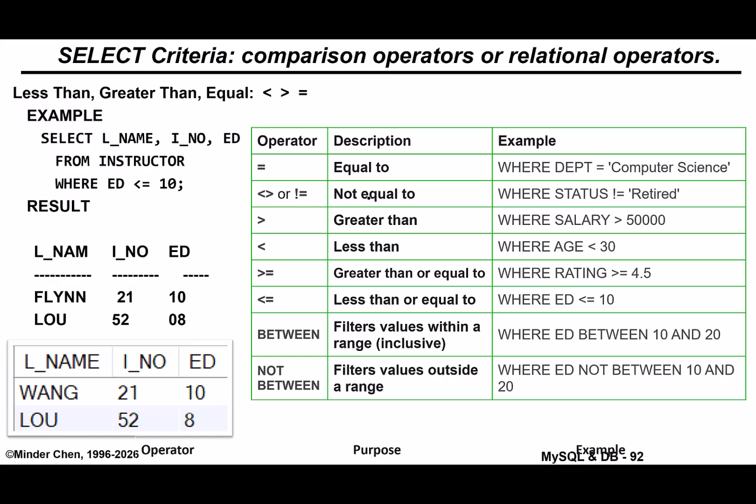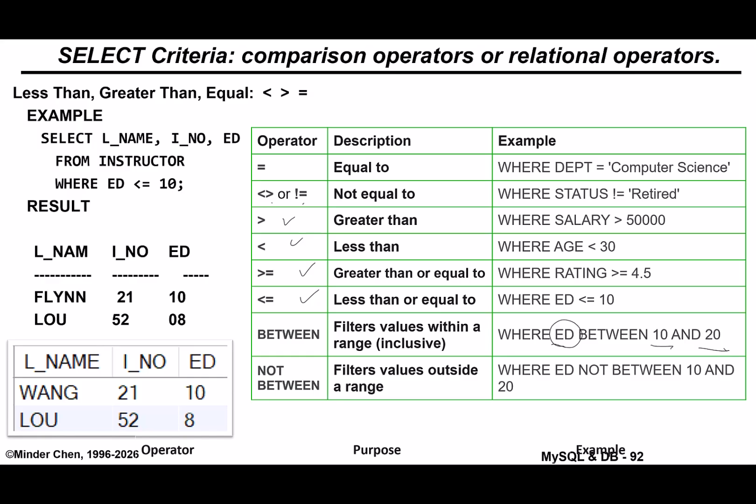In the where clause, because it's filtering, you can use a number of comparison operators, or relational operators: equal, not equal, and there are two ways to write it, greater than, less than, greater or equal, less or equal, between. Okay, it's inclusive. So if you say the educational level is between 10 and 20, it includes 10 and 20 and anything in between.